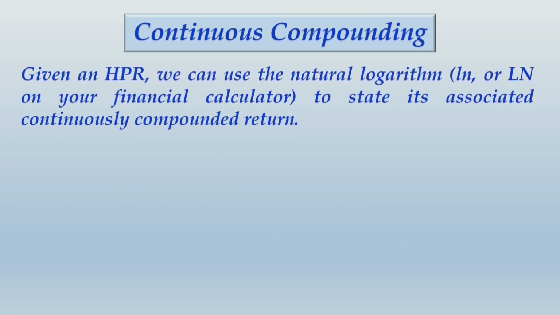Let us move ahead, and under the heading continuous compounding, let us write something more. Given an HPR, that is holding period return, we can use the natural logarithm, that is ln, on your financial calculator to state its associated continuously compounded return. So R_CC, R represents the return, CC represents continuously compounded, will be ln of 1 plus HPR.